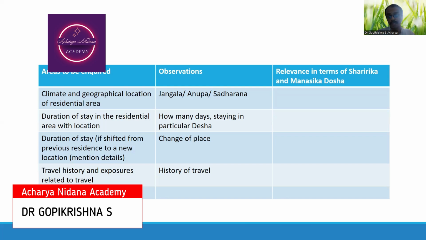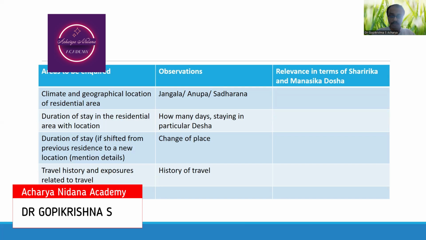Regarding the duration of stay in a residential area, when you are going to say the person is habituated, some persons may say habituation may be there if the person is residing in that particular locality for a period of 7 days or so. Some persons may say 21 days. Some persons may say 30 days.